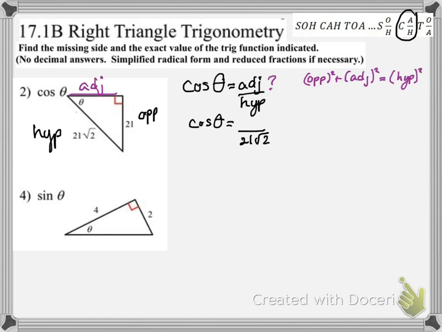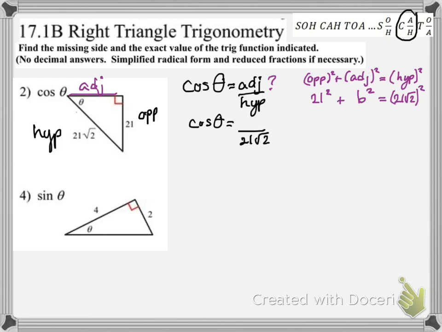What do we know? We know our hypotenuse, 21 square root 2, got to square that. And we also know our opposite side is 21, so we'll have here a 21 squared. What we don't know is our adjacent squared. I'm going to call that b.